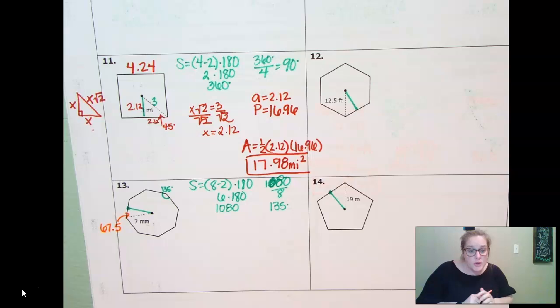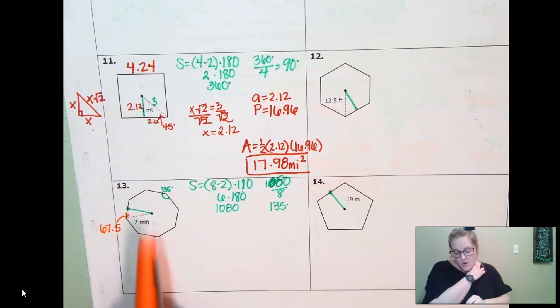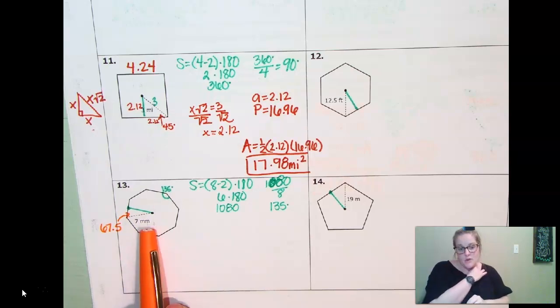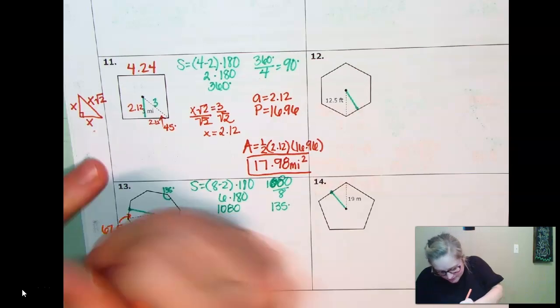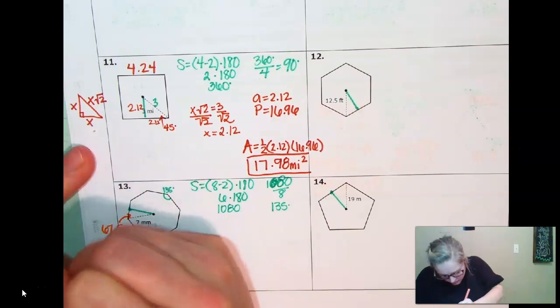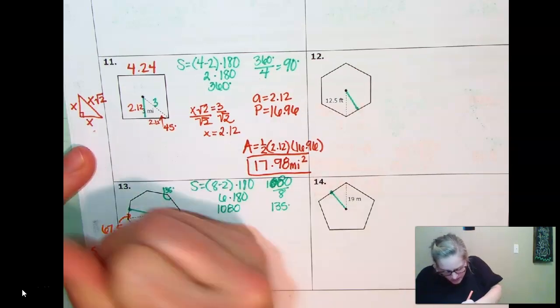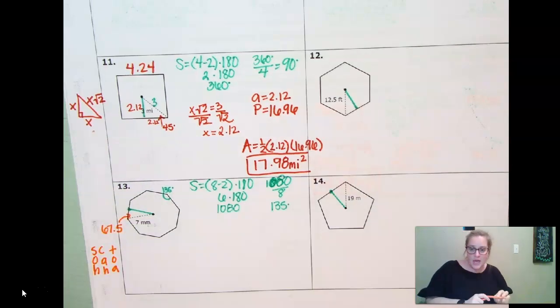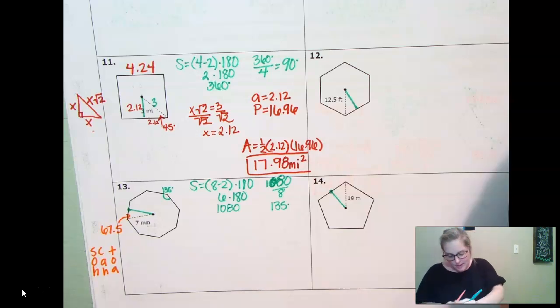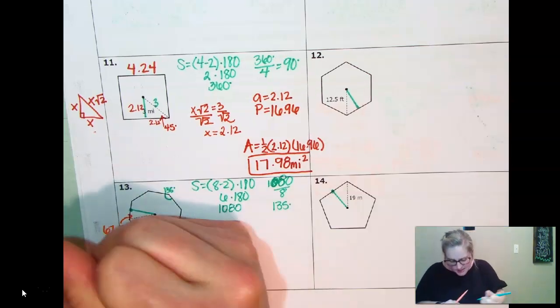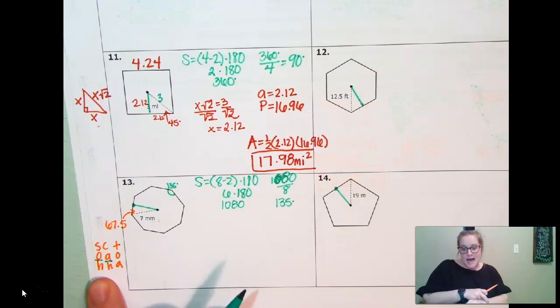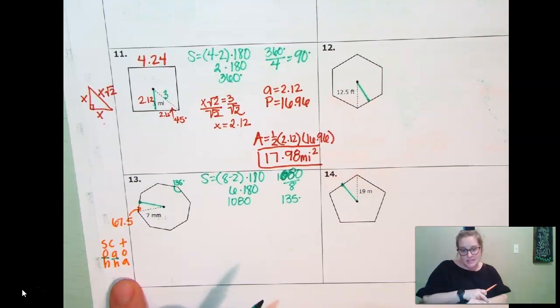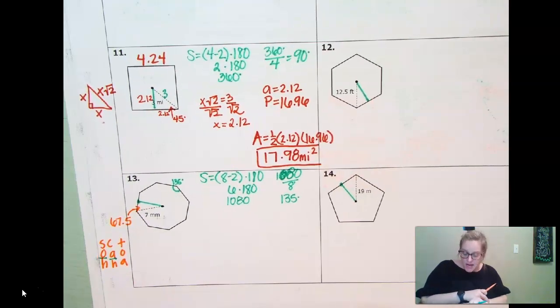Now, you cannot do 30, 60, 90 or 45, 45, 90, so you have to use trig. So we know the hypotenuse. Knowing SOHCAHTOA, if we know the hypotenuse, that means we can use sine and cosine because that includes the hypotenuse.